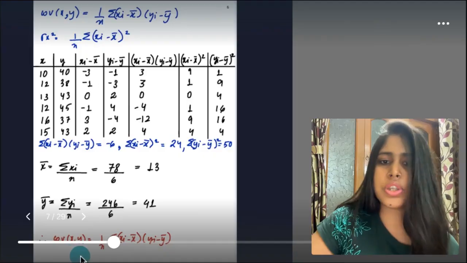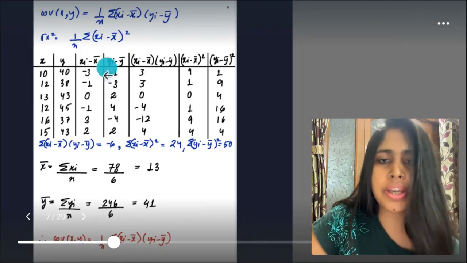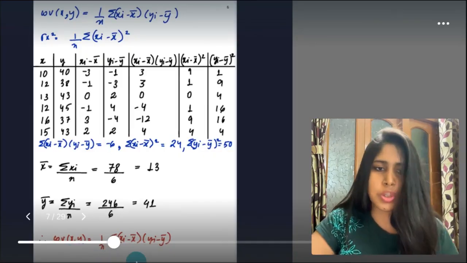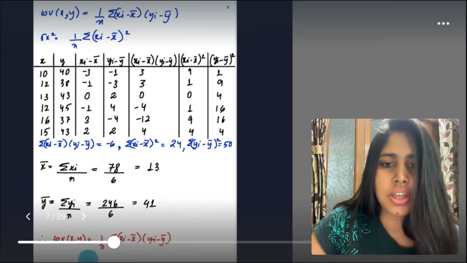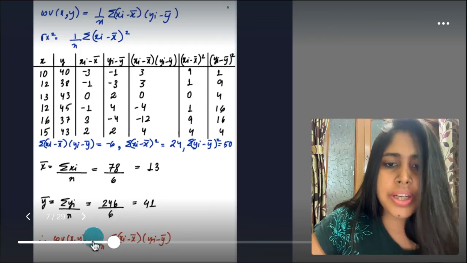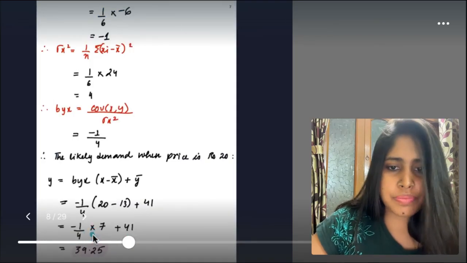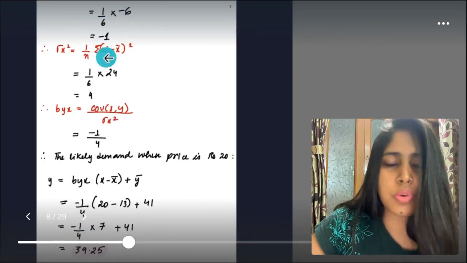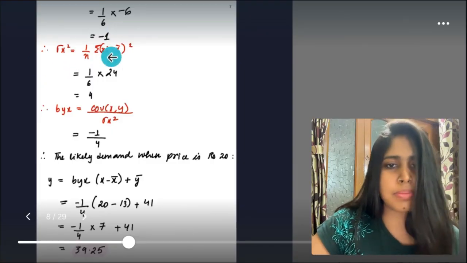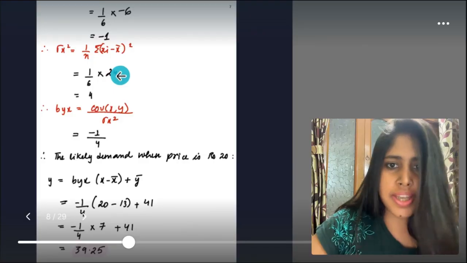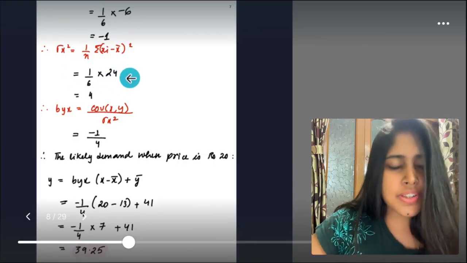Now see, covariance of xy, the formula is 1 by n summation of xi minus x bar into yi minus y bar. Now we already have minus 6. This is the summation of this whole part, and n is 6, right? So the covariance of x and y is minus 1. Then sigma x square is equal to 1 by n into summation of xi minus x bar whole squared. So 1 by 6 into 24.